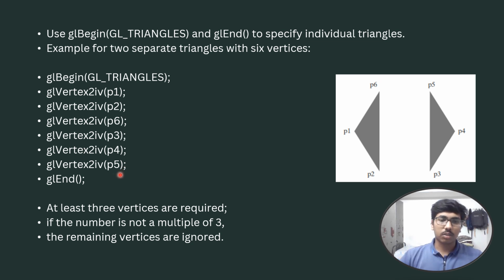If you mention two more points like P7 and P8, that wouldn't create a triangle because there isn't another point. Again, at least three vertices are required, and if the number is not a multiple of three, the extra points are ignored, like P7 and P8.